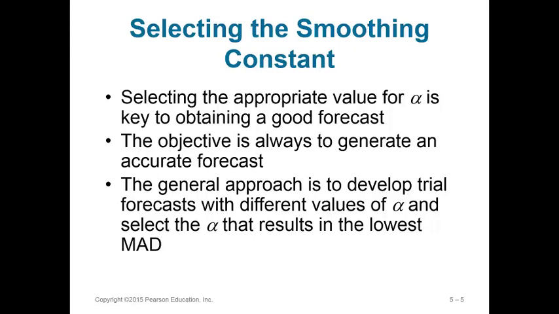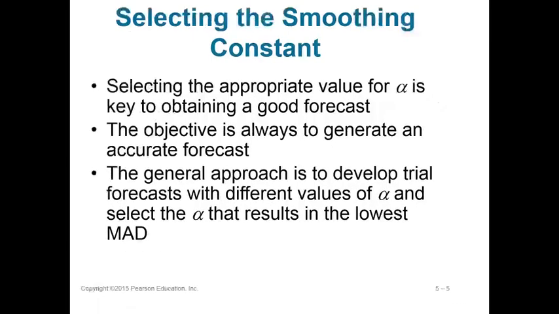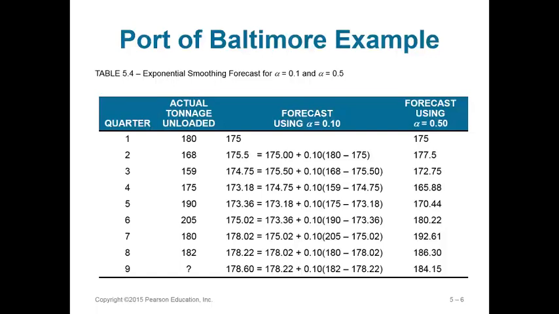So you add all those deviations up together and you divide by the number of observations and you get the mean absolute deviation. And so you would look over a certain period of historical data and you would put in a number of different smoothing constants.